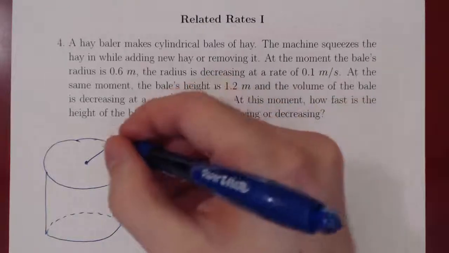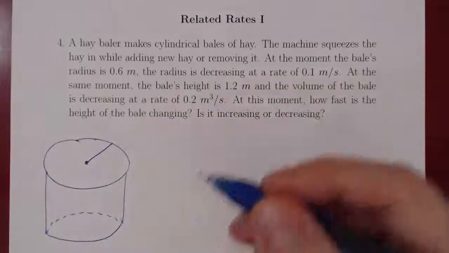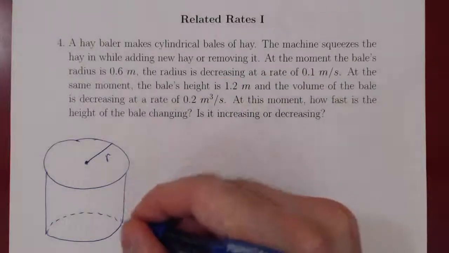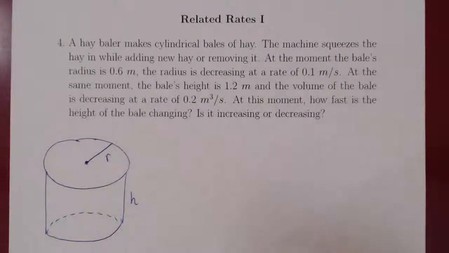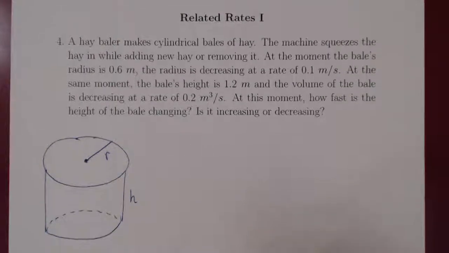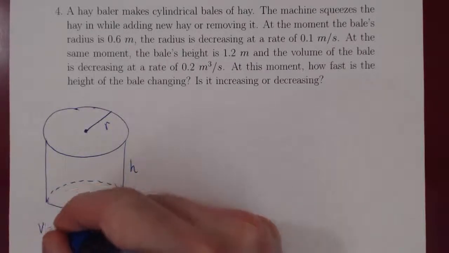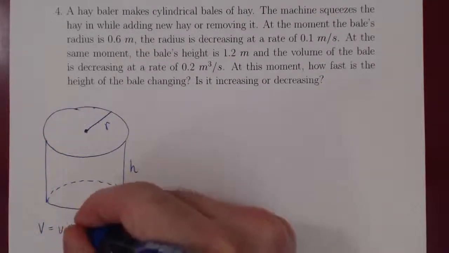The radius of the bale, we can call r. The height we can call h. And the volume we'll call v. So let's say v is the volume of this bale of hay.